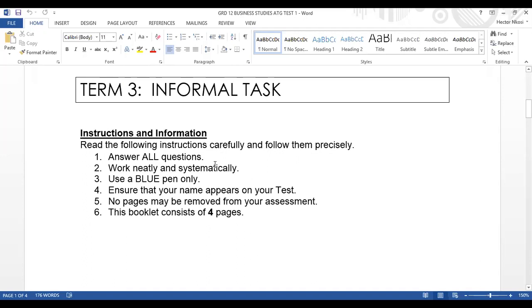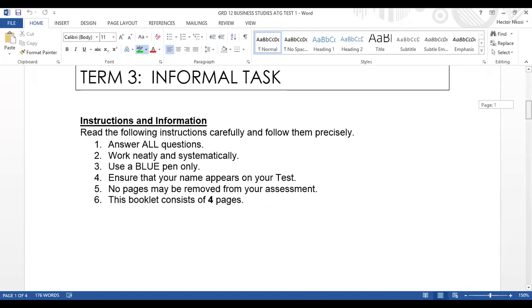Answer all questions, work neatly and systematically, use a blue pen only, ensure that your name appears on your test, no pages may be removed from your assessment, and this booklet consists of 4 pages. Now, it is very vital for you, grade 10 and 12, to understand the instructions that are given to you by the examiner, and you must follow them accordingly.